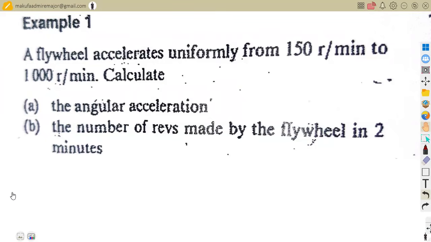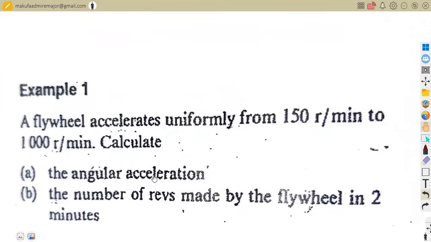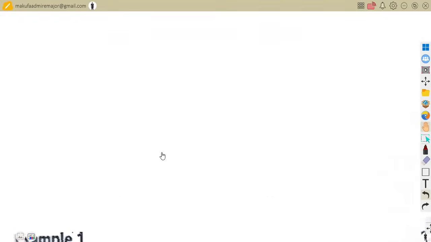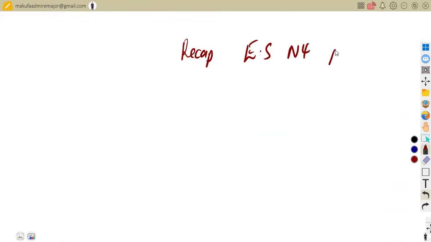With the flywheel, if you check this part, it's actually our angular motion. So what I want you to do is to have a recap of your Engineering Science N4, the part of angular motion.